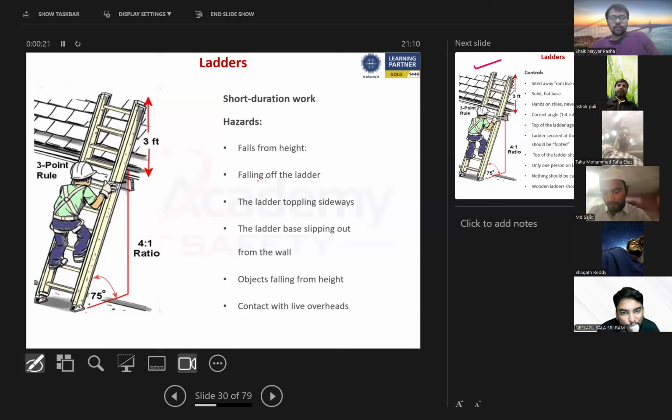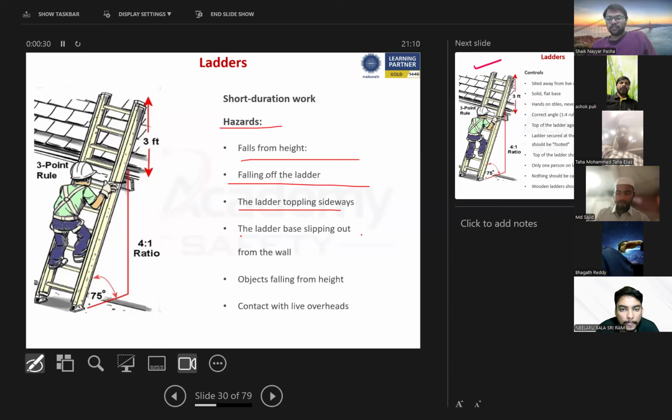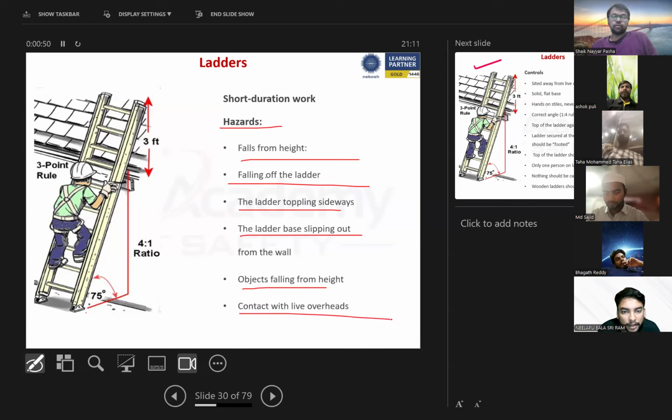Some of the hazards are falls from heights, people or material falling off the ladder. The ladder itself might topple over. The ladder base might slip out. If you're not placing the ladder at a proper angle, then the ladder might slip out. Or if you are placing the ladder on an uneven surface or a slippery floor, the ladder base will slip and could result in people falling, or objects falling from height, or contact with overhead power cables.